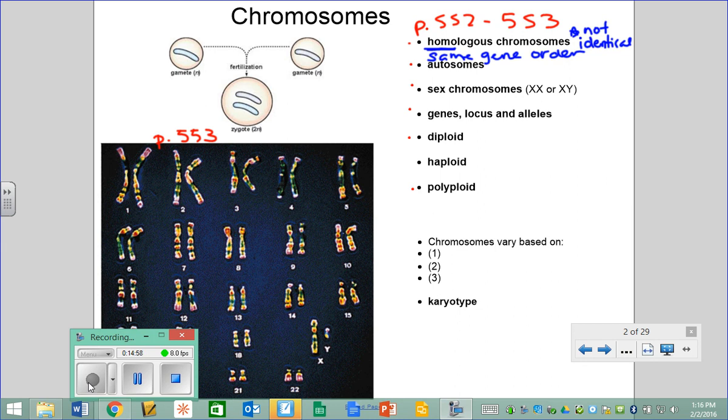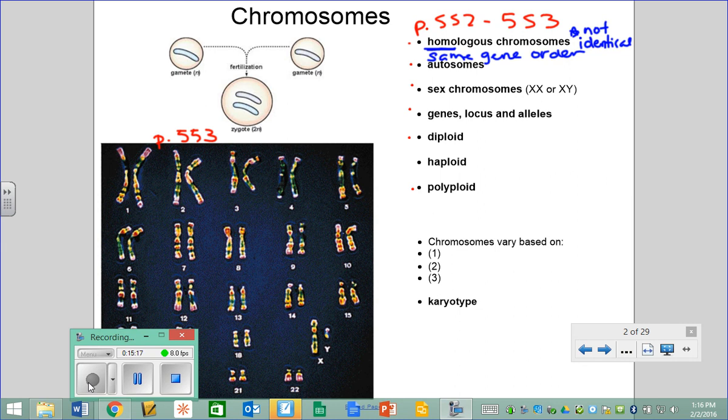You would have chromosome number 1 from your mother and chromosome number 1 from your father, but they won't have the exact same information on them. They'll have the same genes in the same order, but which version of the gene you got won't be the same. So a homologous chromosome has the same gene order, but they are not identical.